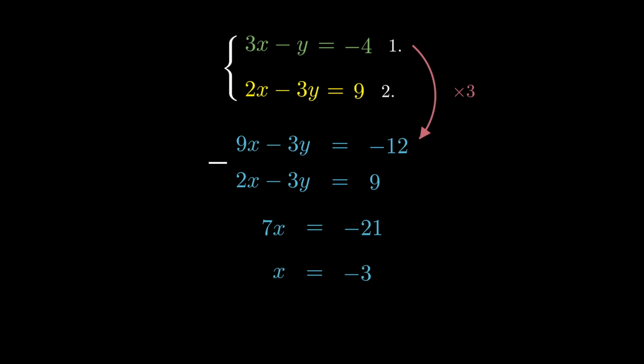Now the next step is to calculate y, and we can do this by substituting x equals minus 3 into equation number 1. So we get 3 times minus 3 minus y is equal to minus 4.